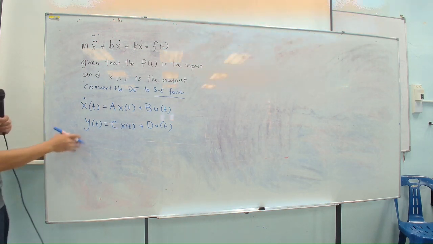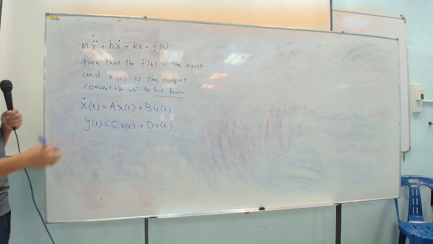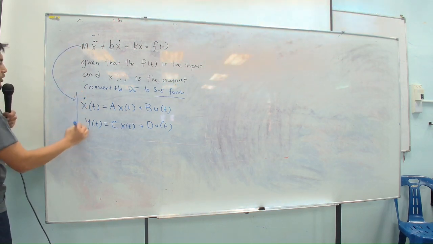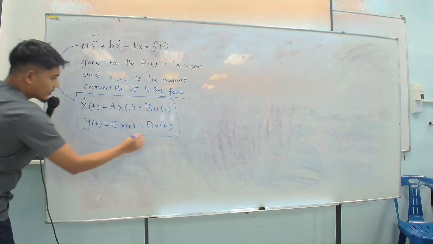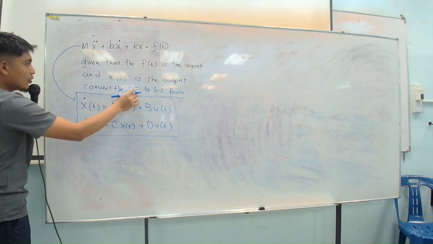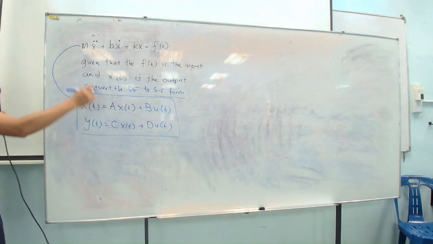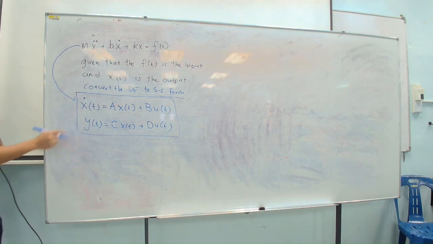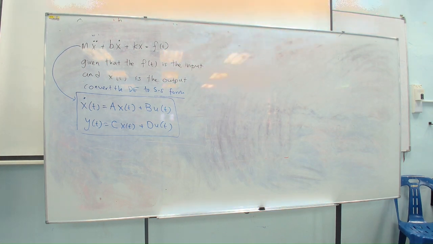Now your task is you want to fit this equation into this form. Is it correct? Because to convert the differential equation to state space, you need to convert this equation to state space. That's your task.